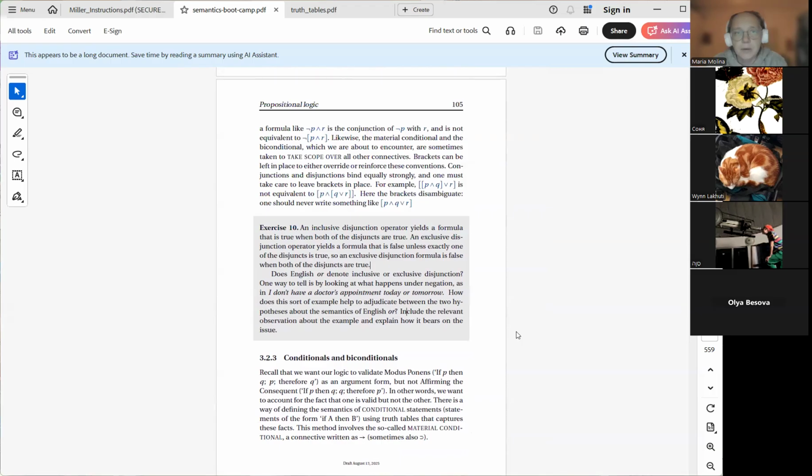One moment. Getting the answer. So, yeah, it should be inclusive. If it were exclusive or under negation, it would mean either both days or neither, which is not the natural reading here.